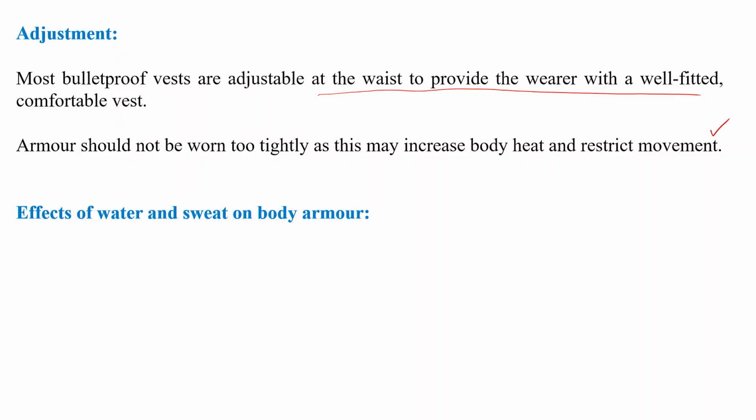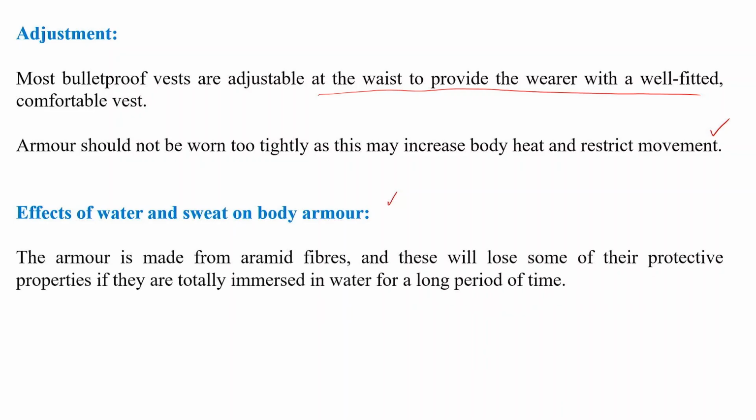These body armors are affected by water and sweat. The armor is made mainly of aramid fiber, and this will lose some strength and protective properties if it is totally immersed in water for a long time.